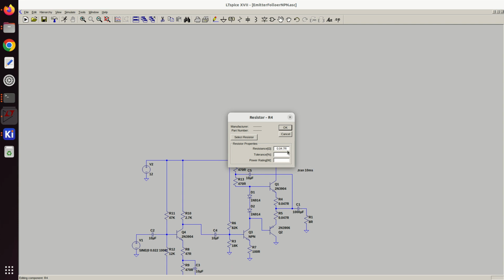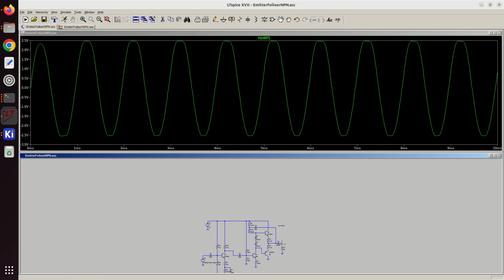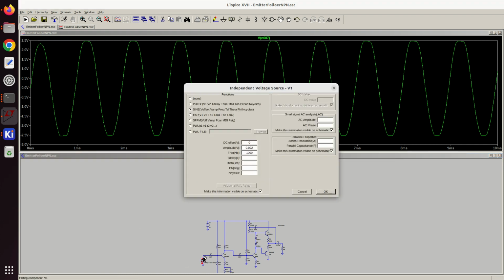So let's put these back in. So 4.7. It'll be interesting to see. I haven't done this before, so I'm just really concerned with the output here. It should be lower now. So it's clipping at both, and that's because we've added the resistors. But the clipping seems reasonably even, maybe not exactly. And so we've plus or minus 2.5 volts.